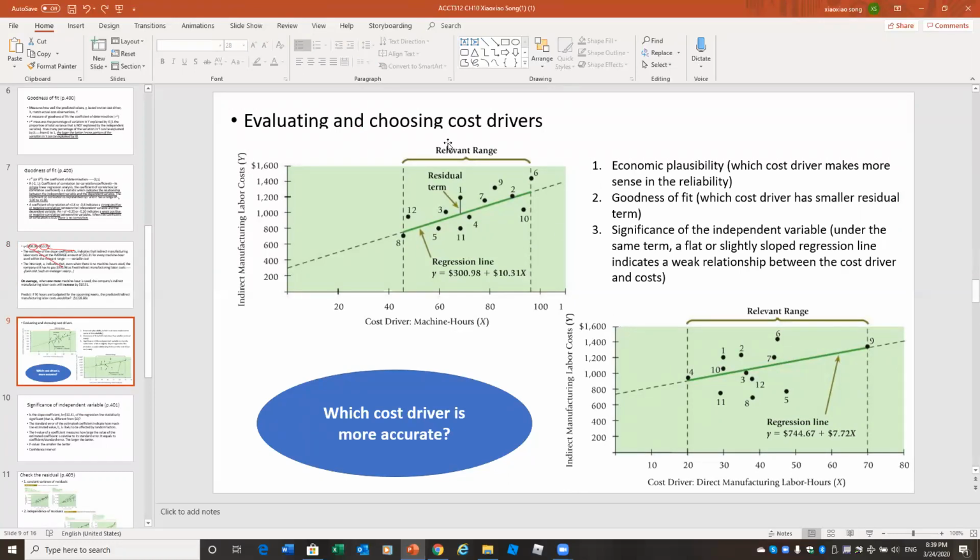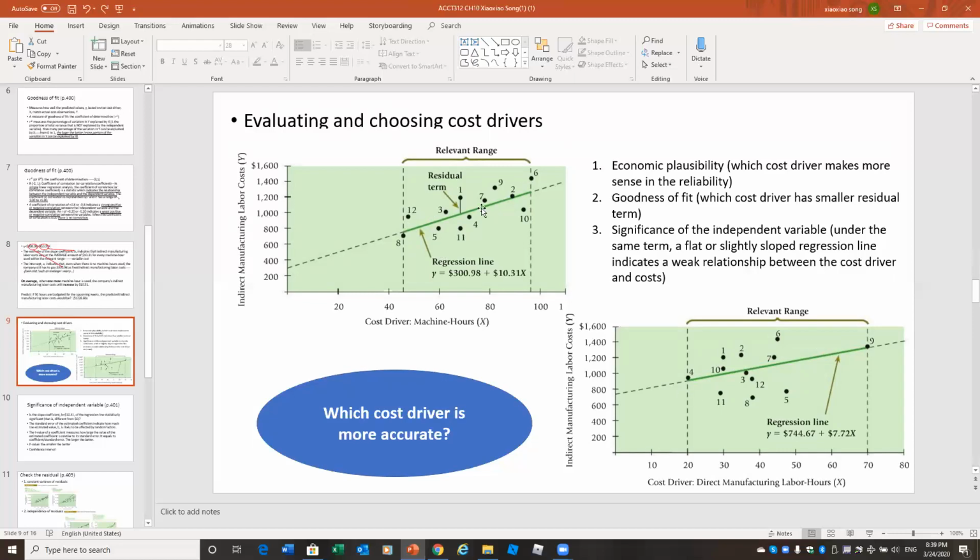This picture doesn't show us, but some pictures will show us. And then also the significance of the independent variable. We will talk about this in the regression group project. But what we want to say from here is that a flatter slope means less impact.